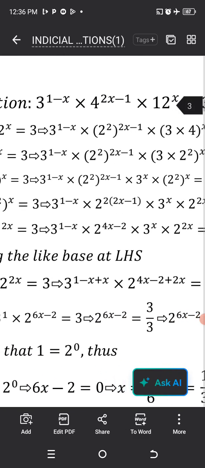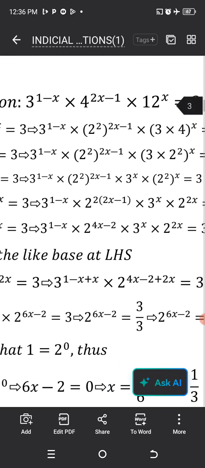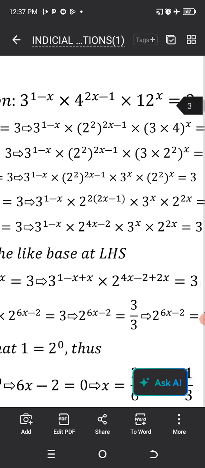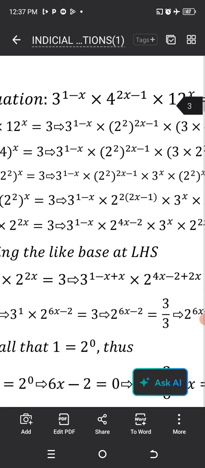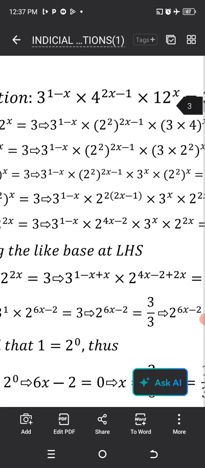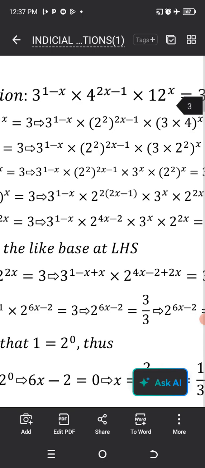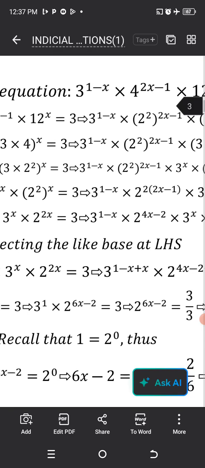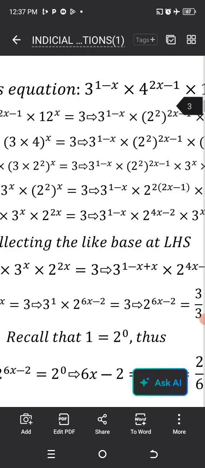So the implication lines follow that what? The implication symbols follow that what? Now I first do what? I first converted the expression that needs to be converted to indices. I did that, and so that was why we have in front of that implication sign that what? 3 raised to 1 minus x multiplied by, you will see that that 4 has changed to 2 raised to power 2.